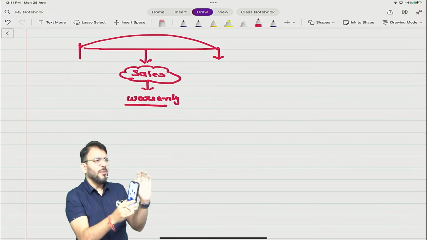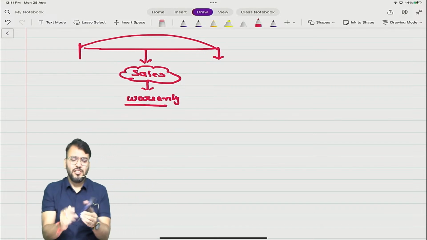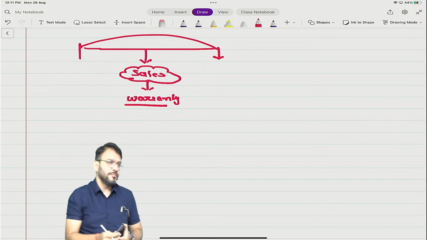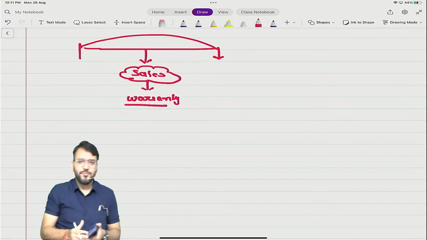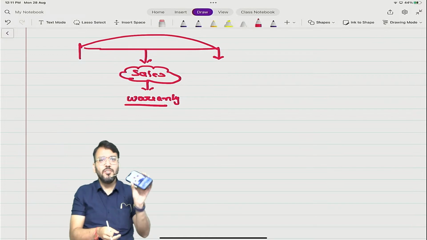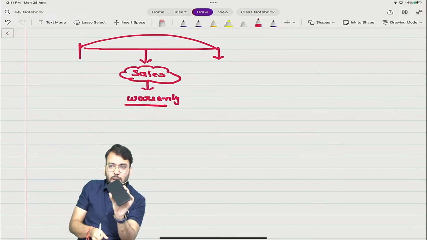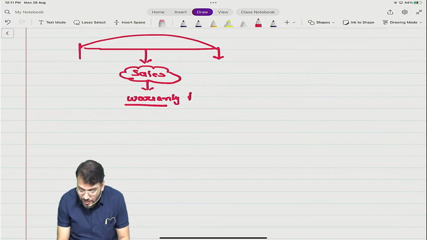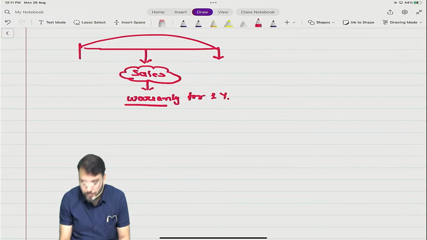However, there are some terms and conditions also. It should not be damaged in this screen. Screen damage they will not repair. But battery damage or some parts damage, they will repair, and that damage should happen within 1 year. So warranty they have given for, let us assume, 1 year.